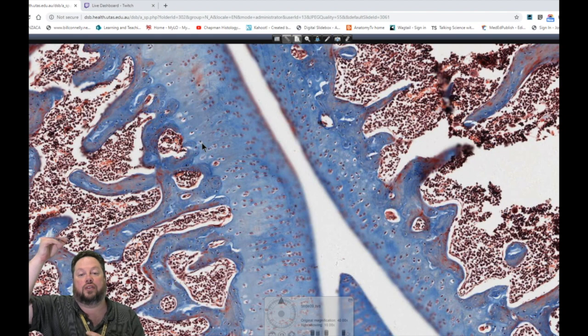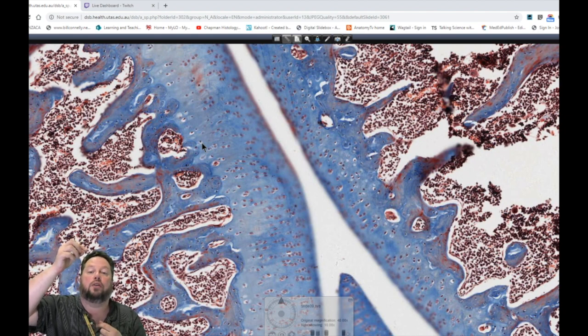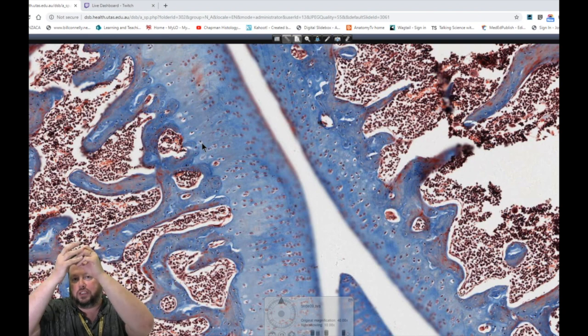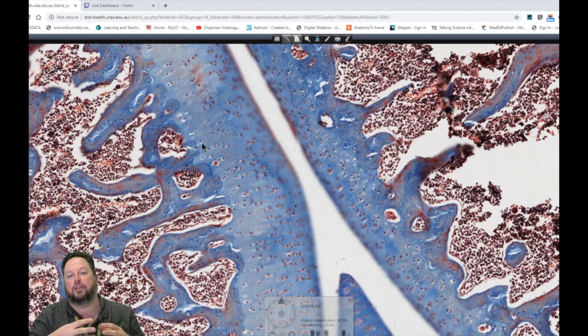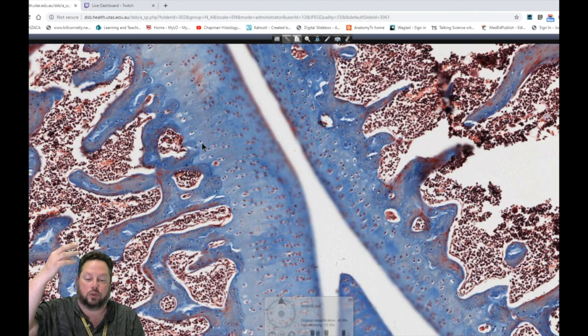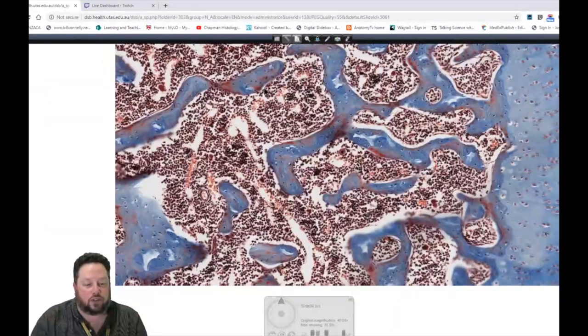We get secondary ossification centers forming in the heads of the bone, known as the epiphyses, and they form these explosions of bone in each of the 2 epiphyses, the proximal and distal epiphyses, and we get these zones of remnant hyaline cartilage from that original hyaline cartilage model. And the remnant part forms the articular cartilage on both surfaces, and then also forms this other structure here.